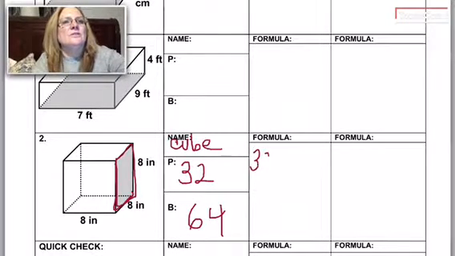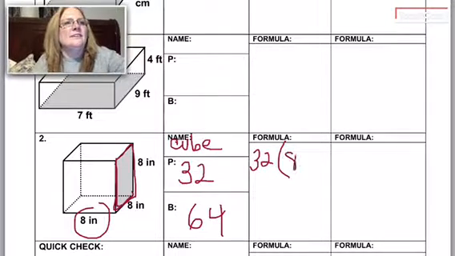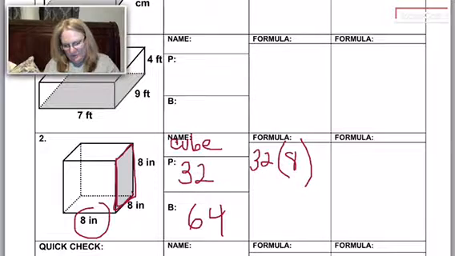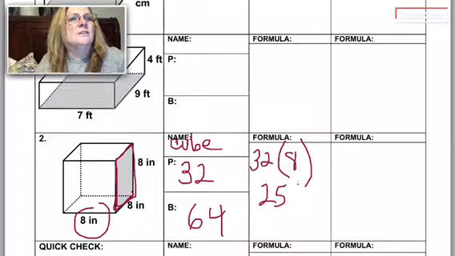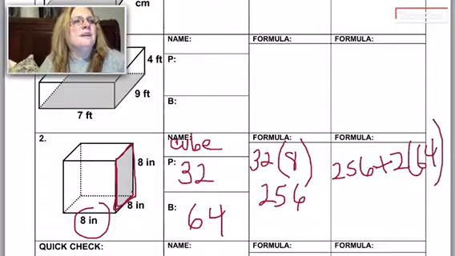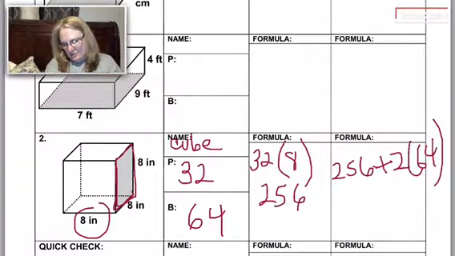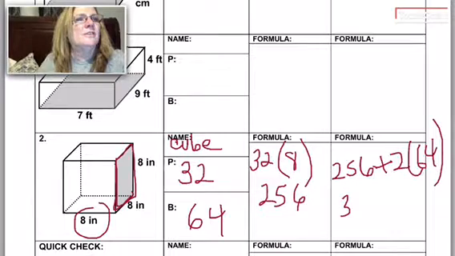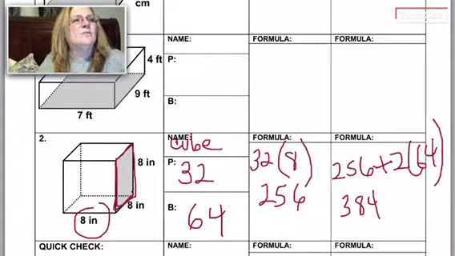So this is 32 times the height, which is also 8. And 32 times 8 is 256. And then this is 256 plus 2 times the area of the base. So it's 384. Now, if anybody had thought of a shortcut here, these are squared inches.